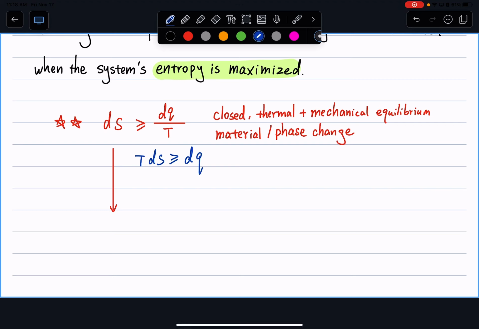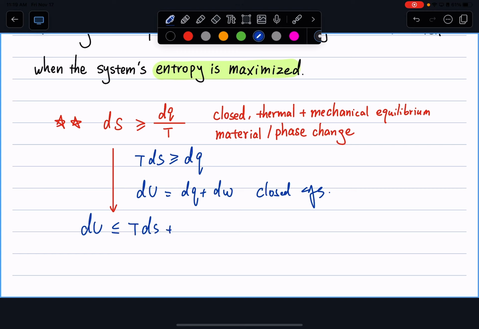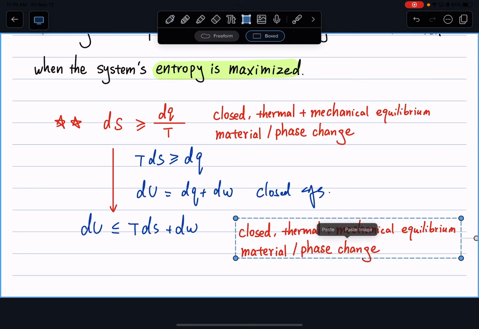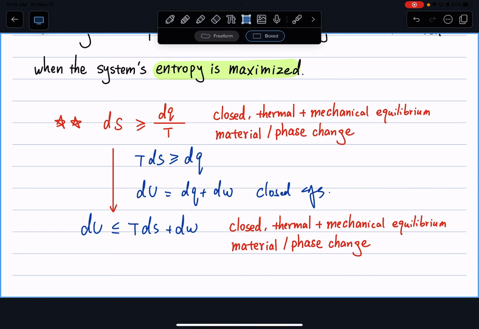Your temperature in the Kelvin scale cannot be negative, so we can safely move that temperature to the left-hand side. And we also have dU equals dq plus dw in a closed system. And thus we have dU smaller than or equal to TdS plus dw in this closed mechanical equilibrium system that can undergo material or phase change.